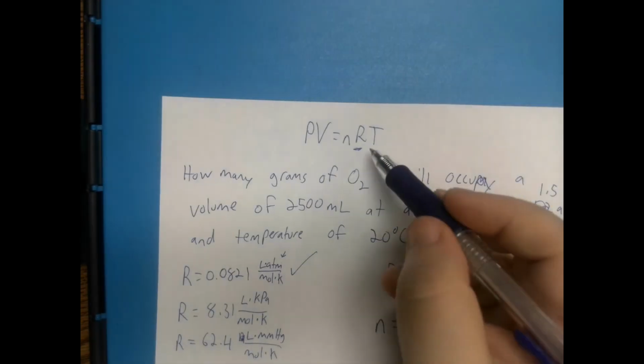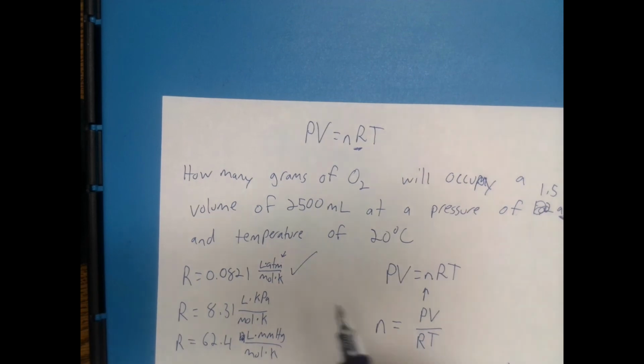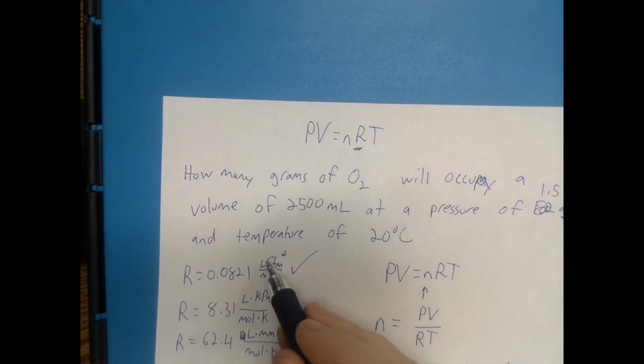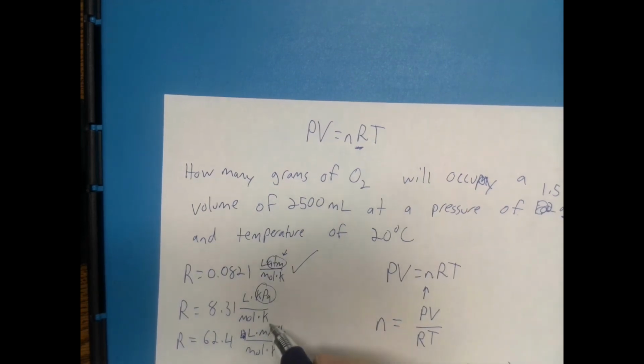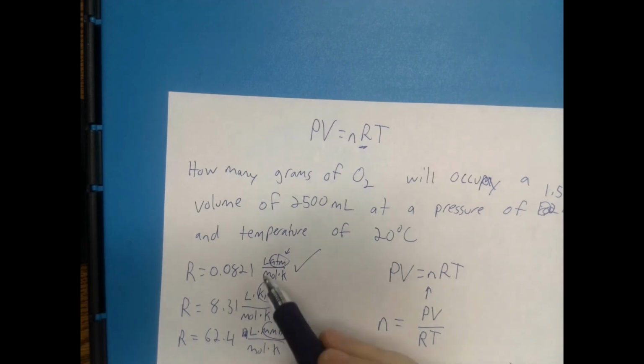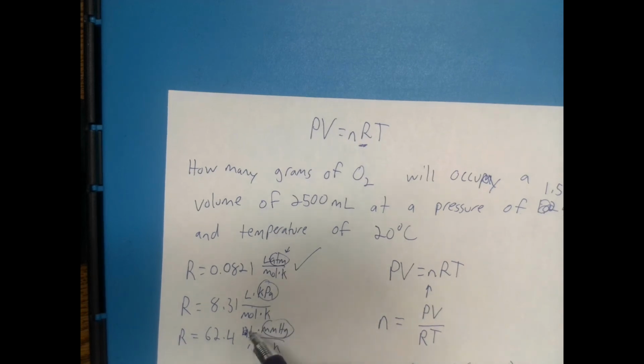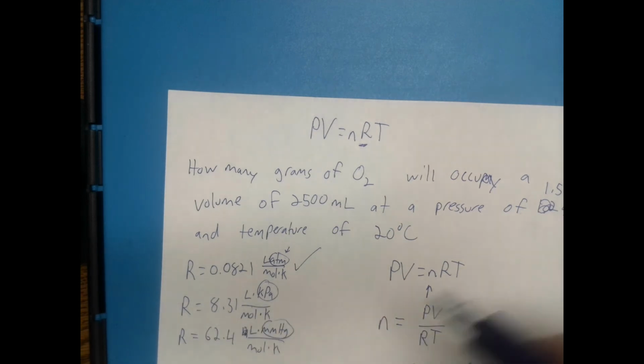Oh, because our pressure is in atmospheres. So we look at the pressure units. Atmospheres, kilopascals, and millimeters mercury. These only differ by what pressure unit we're in. It's liters times pressure divided by mole Kelvin. So if it uses the pressure of atmospheres, note that you can use the other ones, but we'd have to convert the pressure into whatever unit.